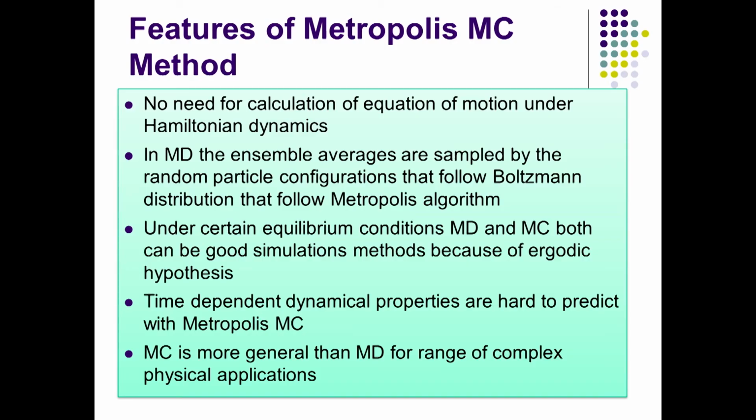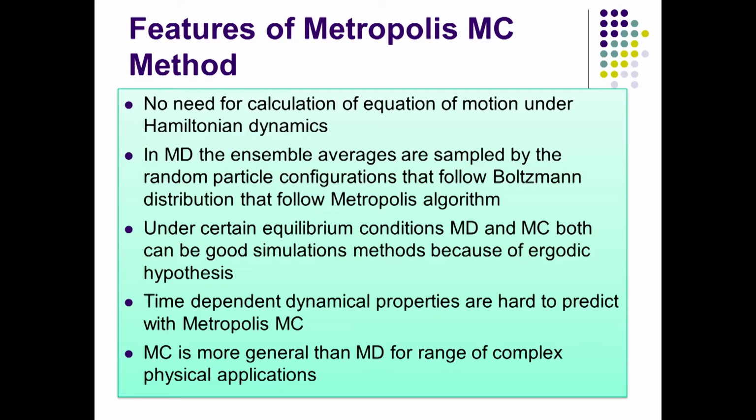What it allows me to do, number one, is no need to calculate the equations of motion. So, I save a lot of computation time, although I did not save time in the calculation of potential energy, but that is the criterion for me to accept a particular configuration. In an MD ensemble, averages are sampled over particle configurations that follow the Boltzmann distribution through the Metropolis algorithm.